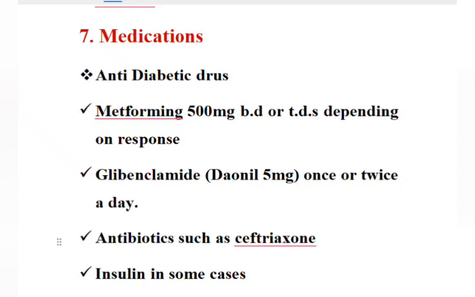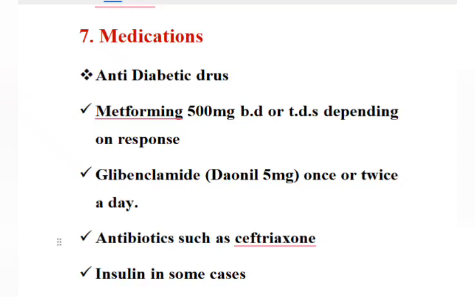Among the medications that you're going to give to this woman are antidiabetics, such as metformin at a dosage of 500 milligrams twice a day or 3 times a day, depending on how they respond to this metformin. If they don't respond well, you increase the frequency to 3 times a day. Then you can also give glibenclamide (Daonil) 5 milligrams once or twice a day.